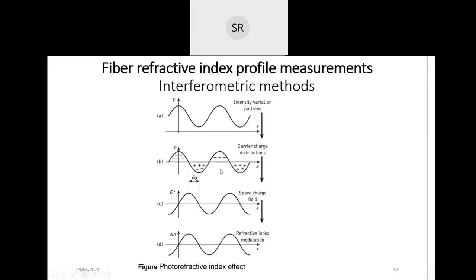And here we can see that there is a variation in the intensity as well as in the charge carriers, that is, the electrons and holes, and that is why there is a variation in the charge carrier density.